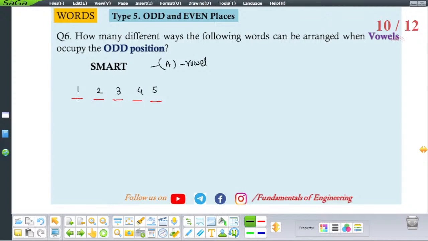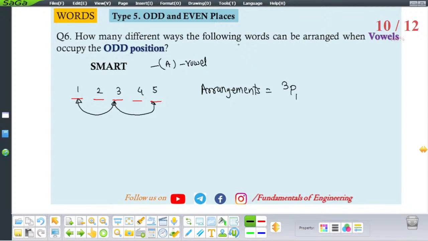So odd positions are 1, 2 and 3. Three odd positions are there. So for possible arrangements, we get 3 places, and at these 3 places, 1 vowel can be fixed.